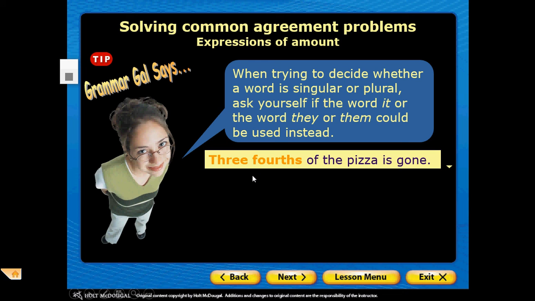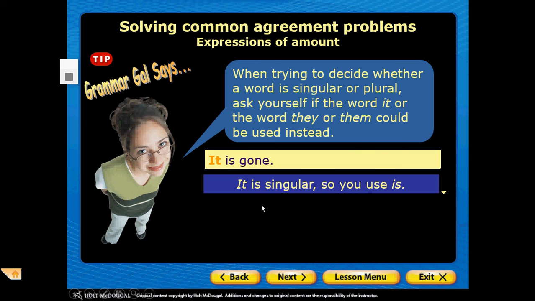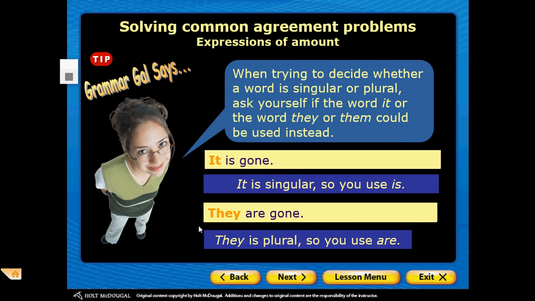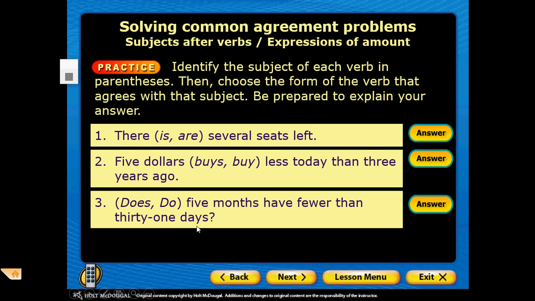Of course, I'm going to replace it with it: it is gone. But if I'm talking about 2 slices of the pizza, I'm going to say they are gone. That's a good way to sort out the confusion, if there is any. I hope there's no confusion at all.